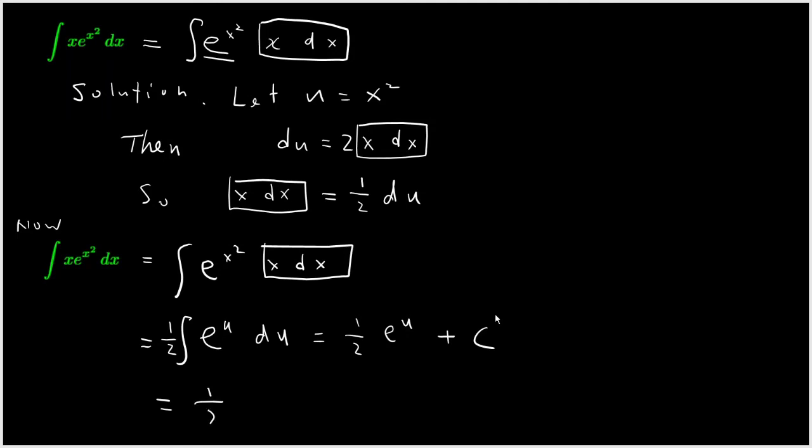It's 1/2 e to the power of u, with u as x squared. Again, the relation between u and x is always from the substitution you made in the first step. You replace u with x squared, and then you add c, so you have the answer. Any questions about this?